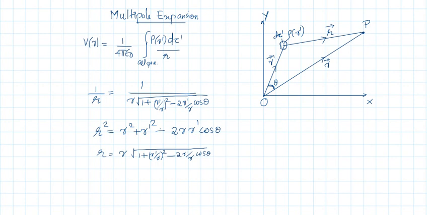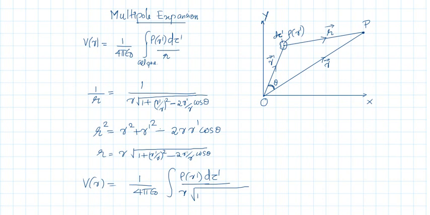So you can write the potential V of r as 1 by 4 pi epsilon 0 integral rho of r prime d tau prime divided by r into square root of 1 plus r prime by r the whole square minus 2 r prime by r cos theta. Now this r is constant.